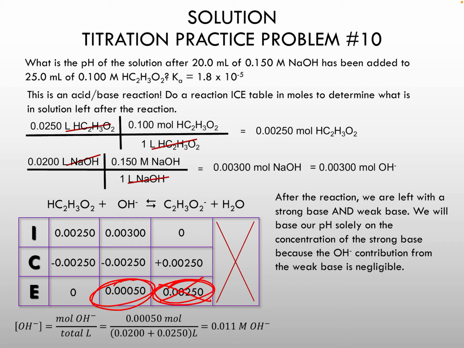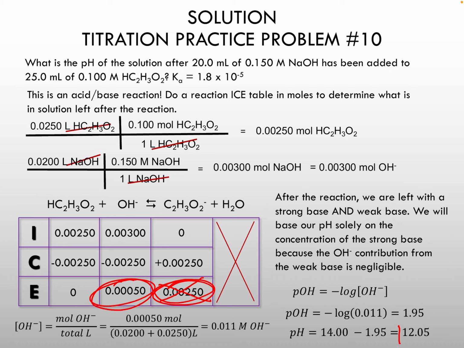So we have our moles divided by, again, our total volume. We'll get our molarity of our hydroxide ion, and then we can calculate the pOH and then convert that to pH. Again, whenever you're doing anything with hydroxide, make sure that you're calculating pOH and not pH, and just double check that your answer makes sense, right? If we have a bunch of excess strong base, it should be a very basic pH.